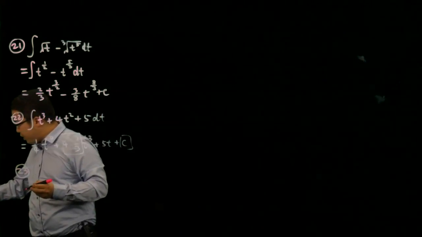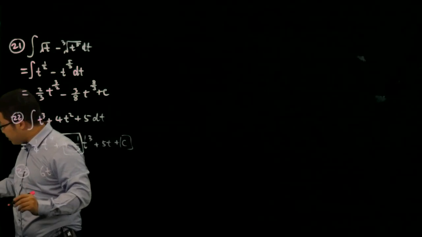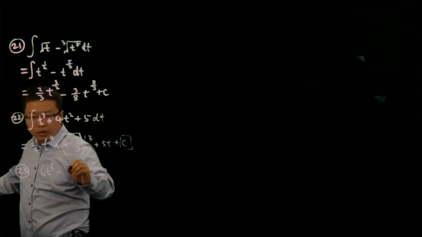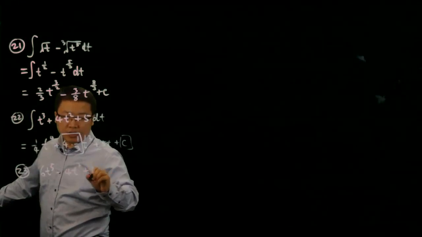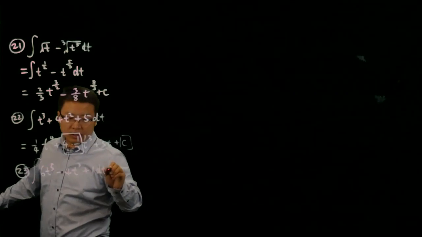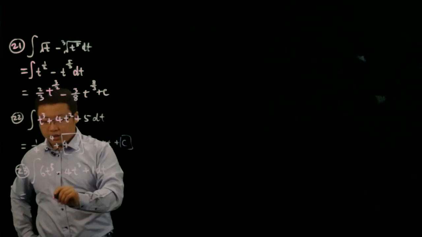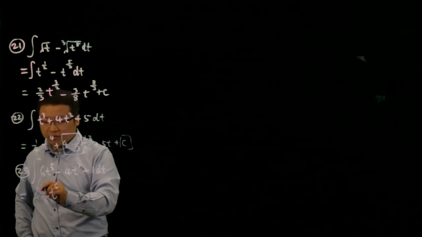Question 23, we have t to the power 6 times t to the power 5 minus 4t to the third plus 1, integrate dt. This is also a pretty straightforward question. This is t to the power of 6, times 1 over 6. The original 6 comes from here.